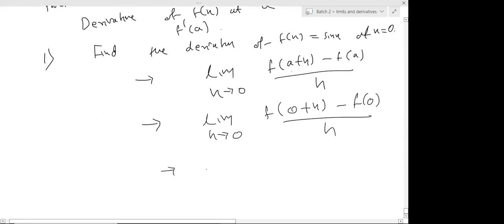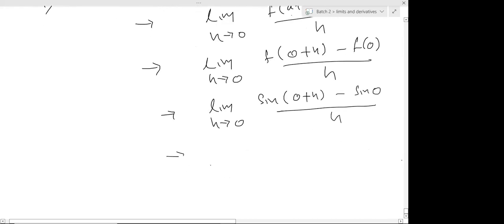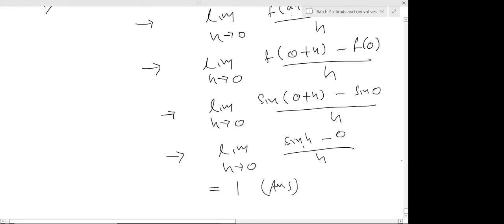Substitute the value here: sine of 0 plus h is sine h, sine 0 is 0, upon h. So sine h upon h is 1. This is the answer. Note it down. This is clear, right? I hope everyone is clear about this.